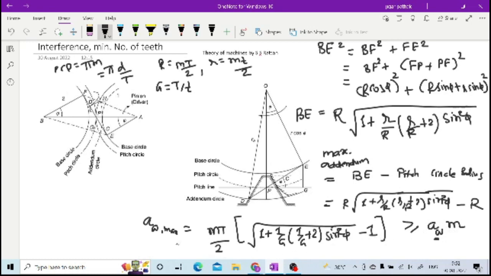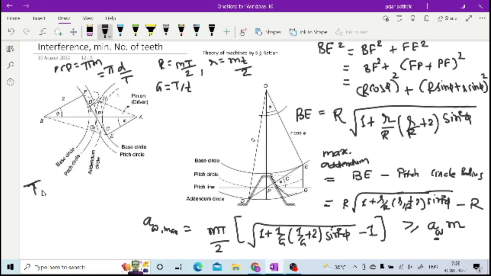But this AW max must be greater than or equal to AW into M, then only you can avoid interference.